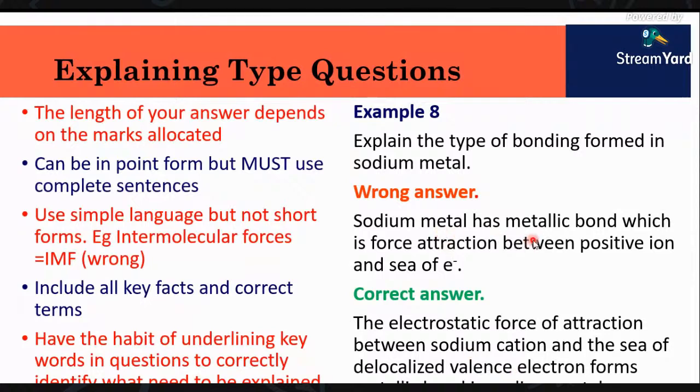The wrong answer just states the force of attraction between positive ion and sea of electron. This is not specific. So when you're answering explaining type questions, be very specific with your answer using the key facts and correct terms, and make sure you don't use any short forms.